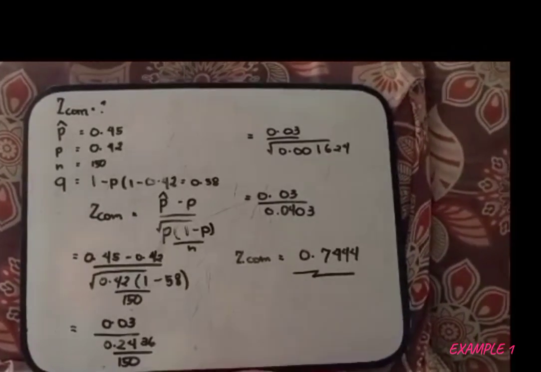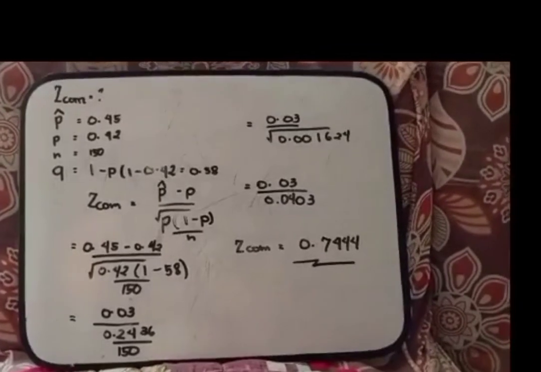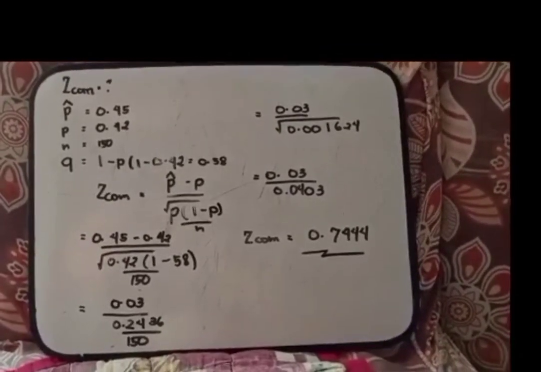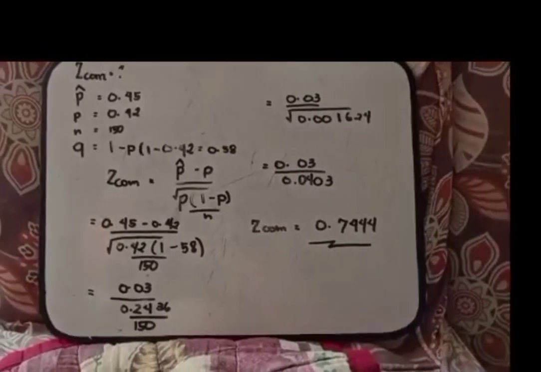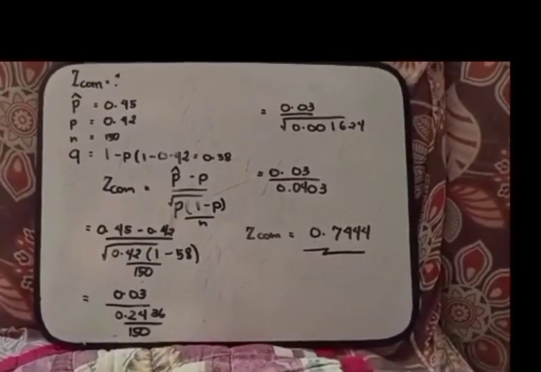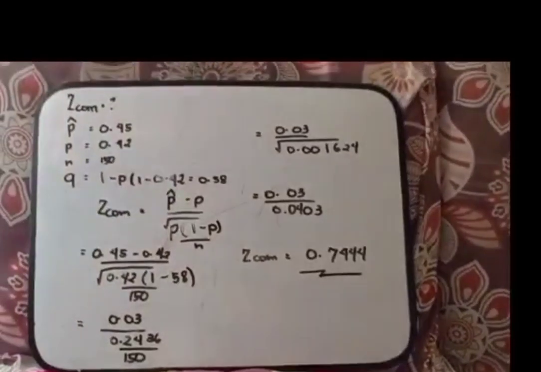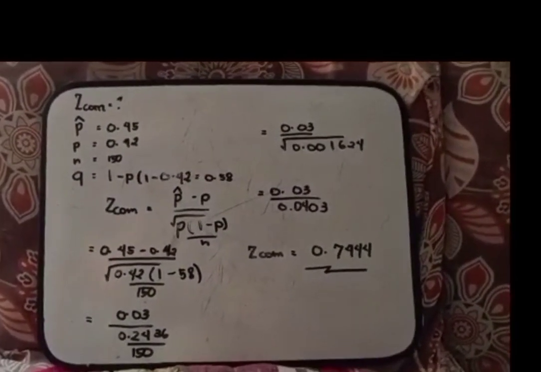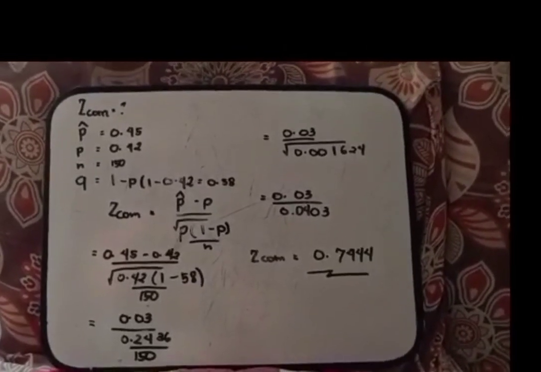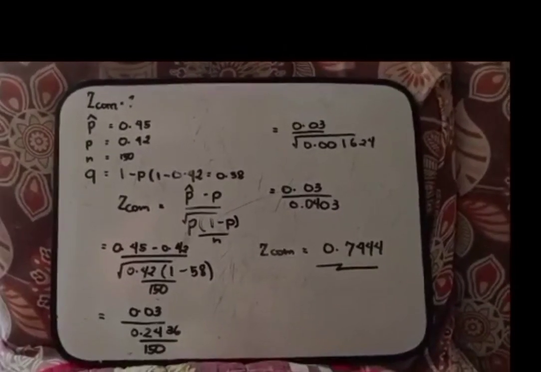For us to get the Z-com value, we need to follow step 1, or to determine the following: the population proportion, the sample size, and the sample proportion. But fortunately, the given was already present. And now, let's proceed with step number 2.